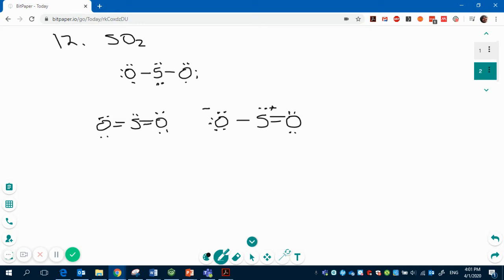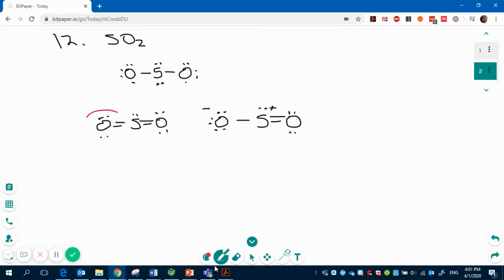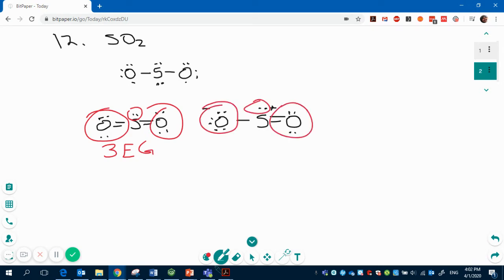And for our purposes, we're going to accept both of these as possible answers, and they should both have the same geometry, because in either case, they both have 3 electron groups on the sulfur, right? 1, 2, 3, so that's 3 electron groups. Or over here, we still have 1, 2, 3 electron groups. So it doesn't really matter.